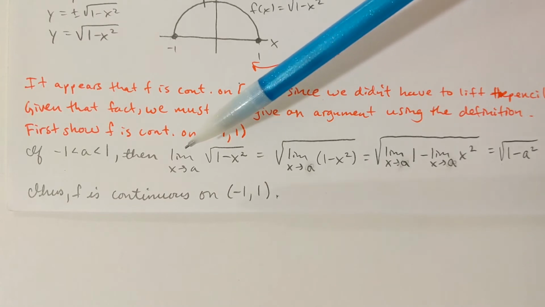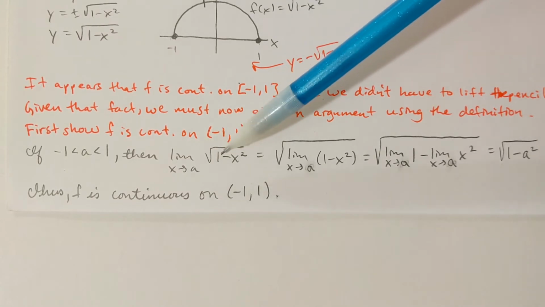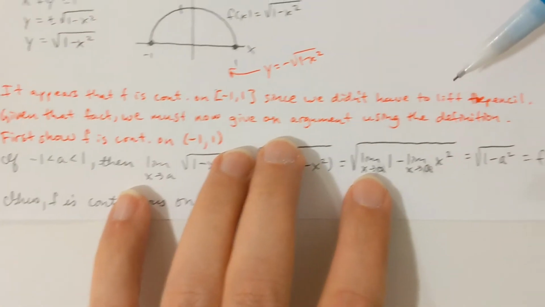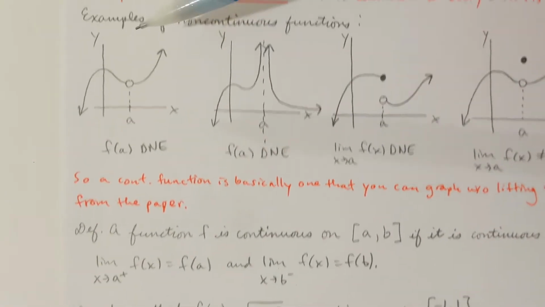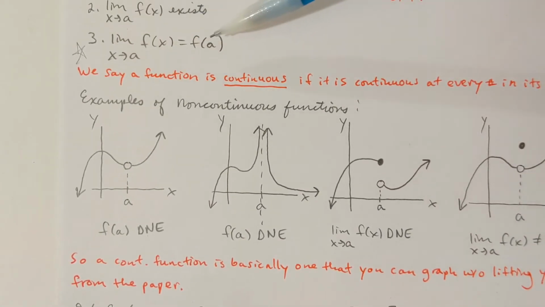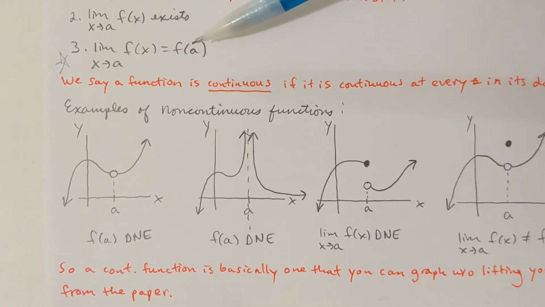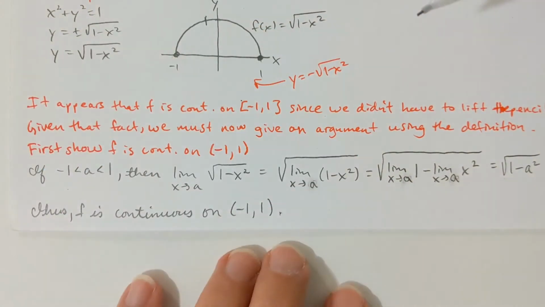So I need to show that the limit as x approaches a of f of x and f of a are the same thing, okay? Because that's what the definition says. That's what this starred statement says. And again, I want to emphasize that whenever you're asked a question about continuity, first thing, always think of this starred statement, okay? So that's what I'm doing.